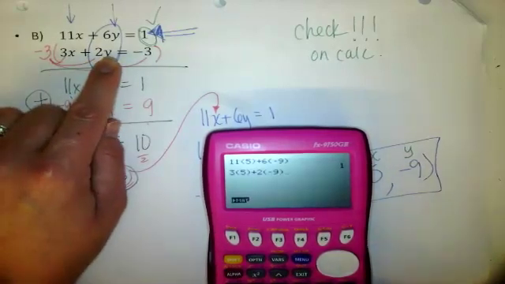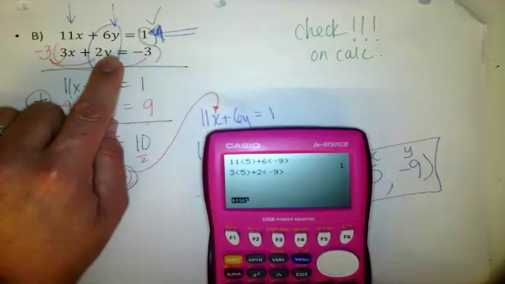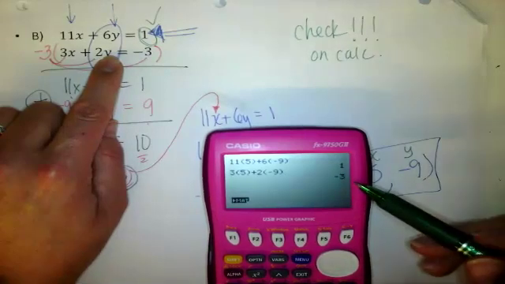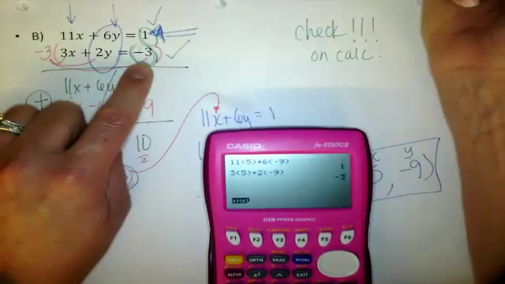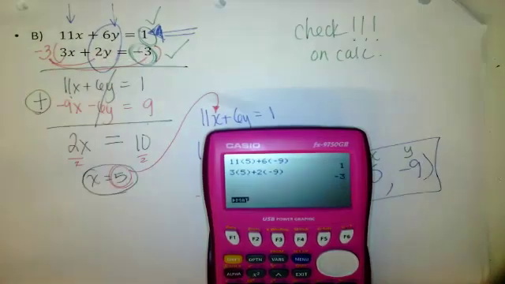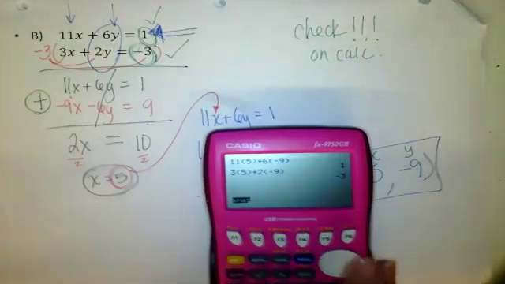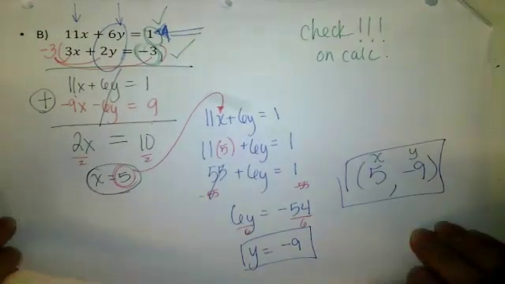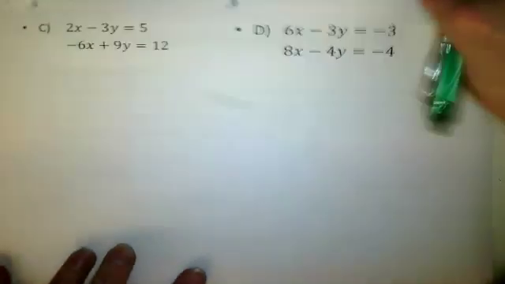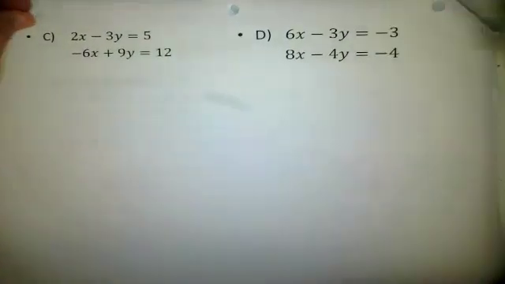I plugged in the left side, and I get negative 3, and that's exactly what we were supposed to equal. So easy to check on your calculator, folks. Do it once or twice, 3 times to make sure you can do that on a test. All right, last 2 here. These are special cases.